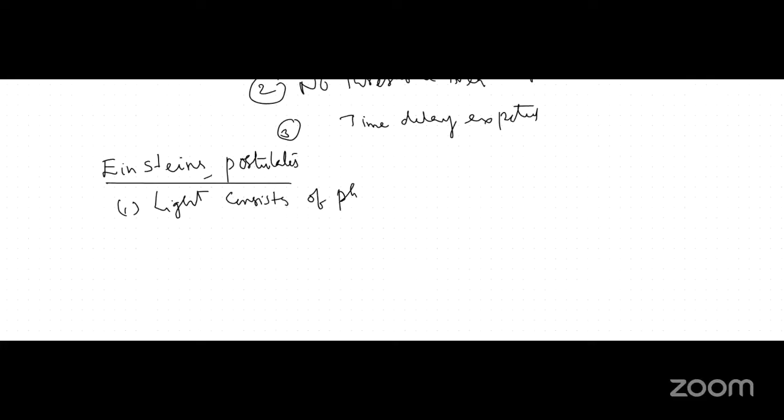He says light is in the form of discrete packets of energy called photons, and each photon carries energy E equals h nu, where h is Planck's constant and nu is the frequency of light.